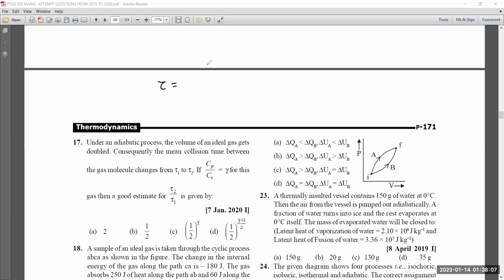Pressure? No, I think you're missing something. It was lambda upon root T. Tau is proportional to lambda upon the average velocity, and v is under root of T, and lambda is inverse of concentration.